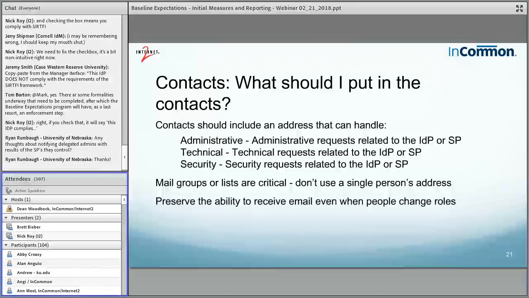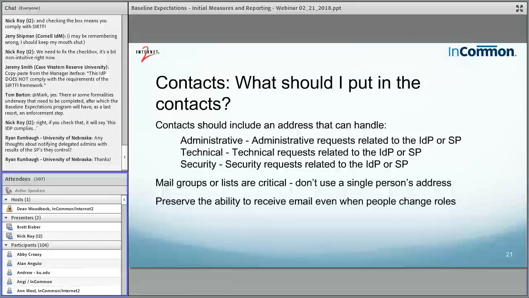So what kind of information should you put in the three contact types that I mentioned that are going to be required? Basically, it says what's on the box. We don't go into a huge amount of detail about telling you what those things should be, although I understand that the CTAB is going to be publishing some guidance on these kinds of things. But really, if I have an administrative issue with your IDP or SP, who do I get in contact with?